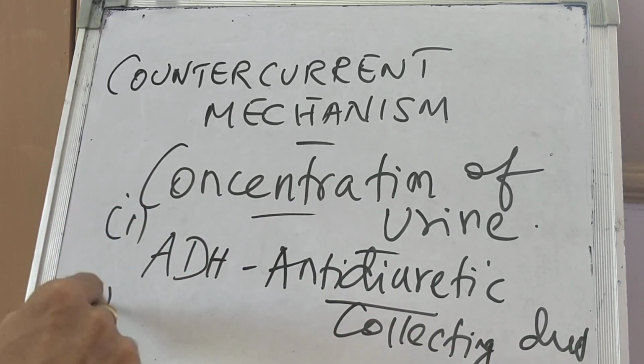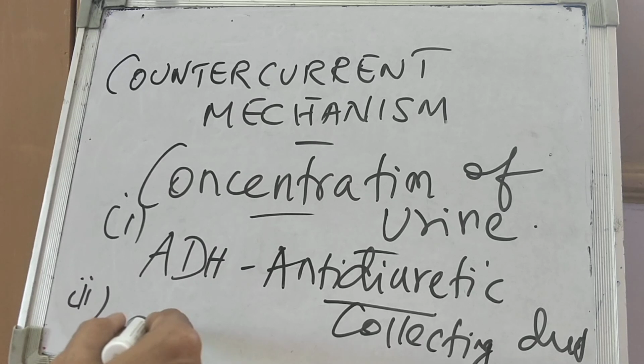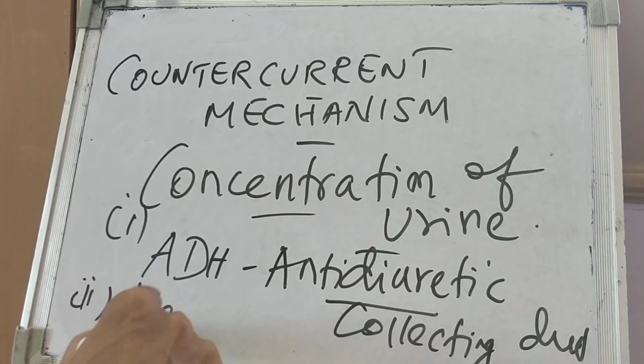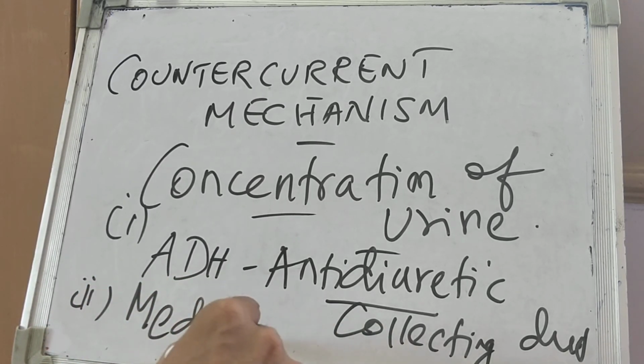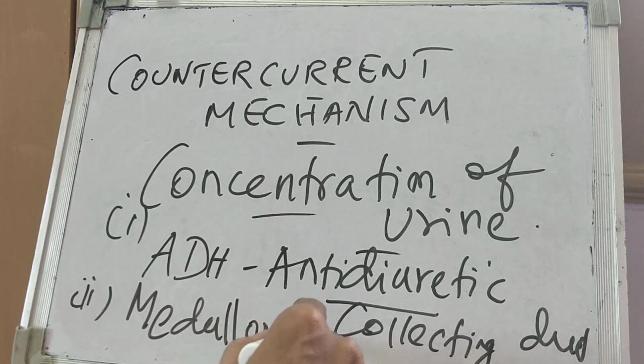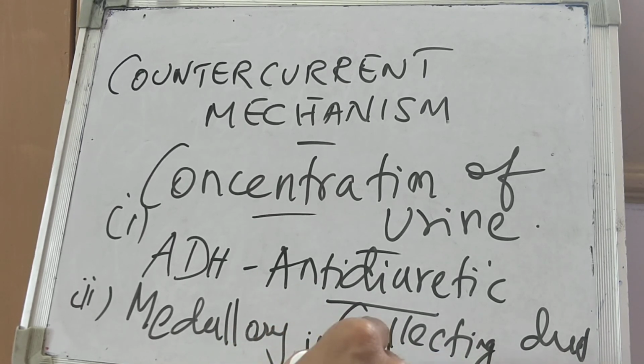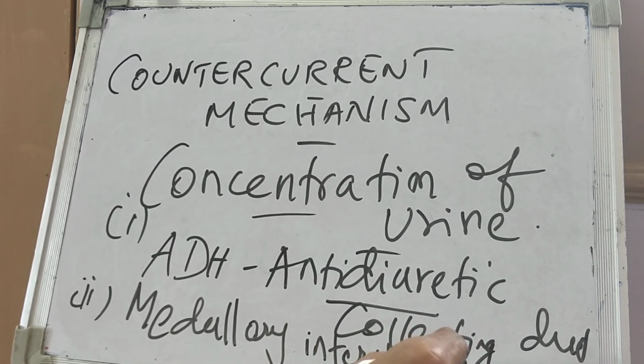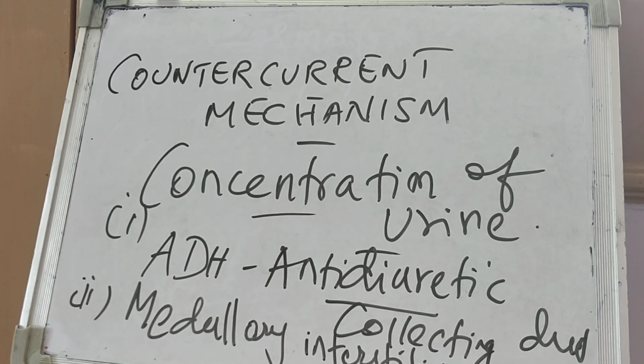Second is the hyperosmolarity of the medullary interstitium. So medullary interstitium in the kidney contains interstitial fluid, and the osmolarity of the medullary interstitium needs to be more, so that water absorption will be increased.